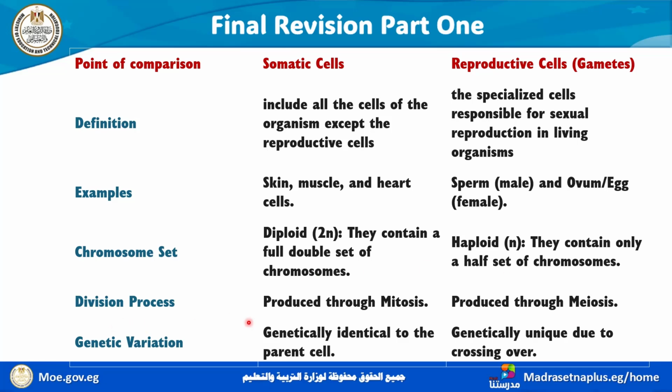For the division process, somatic cells are produced through mitosis cell division, while gametes are produced through meiosis cell division. For the genetic variation, somatic cells are identical to the parent cell. Reproductive cells are genetically unique due to the crossing over phenomenon that takes place in meiosis cell division.